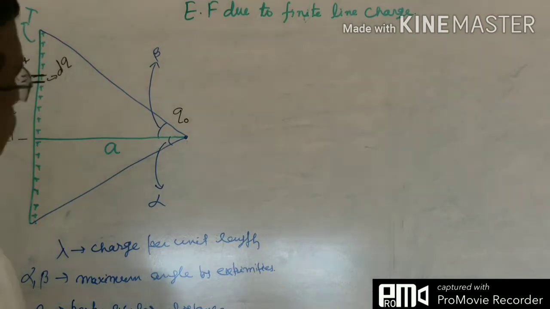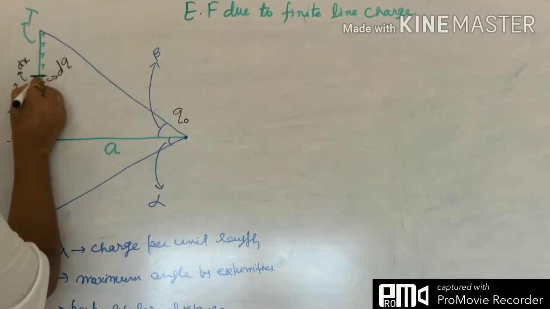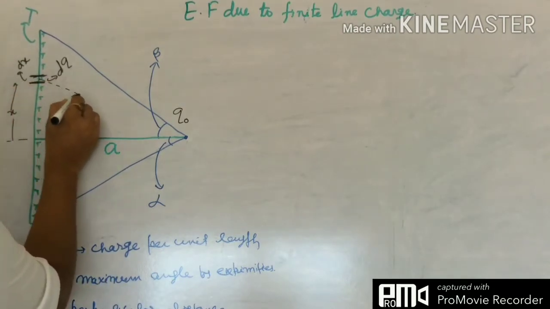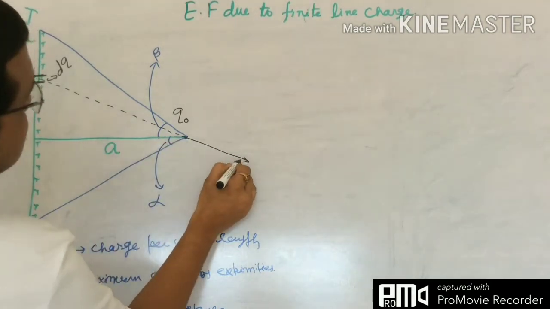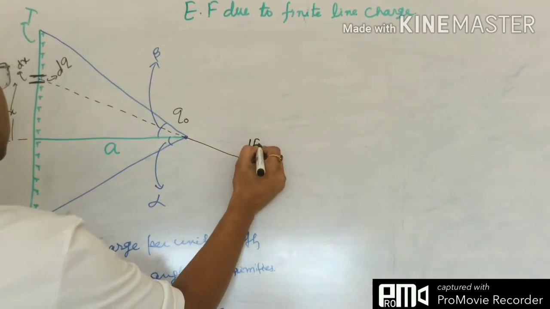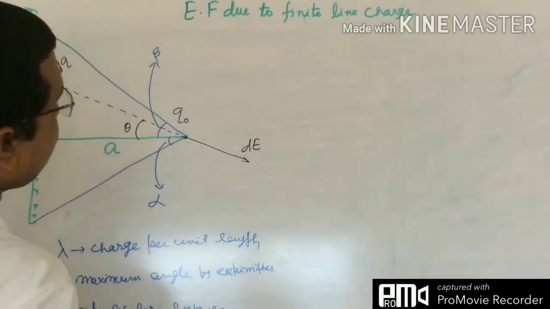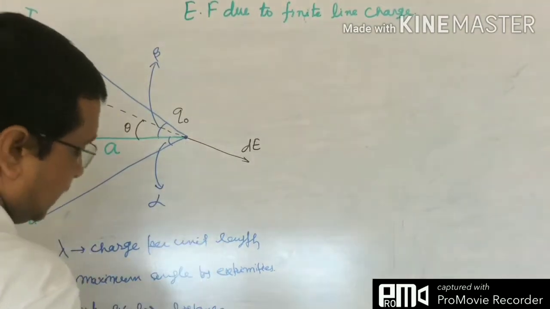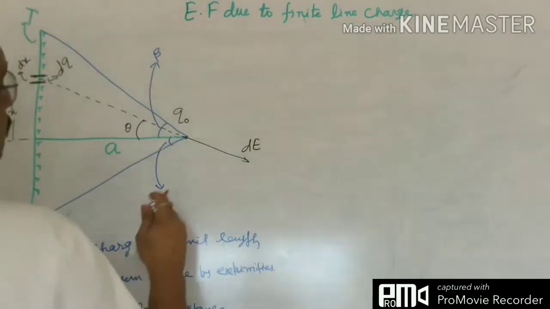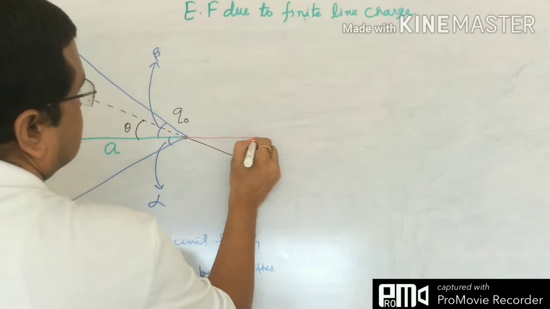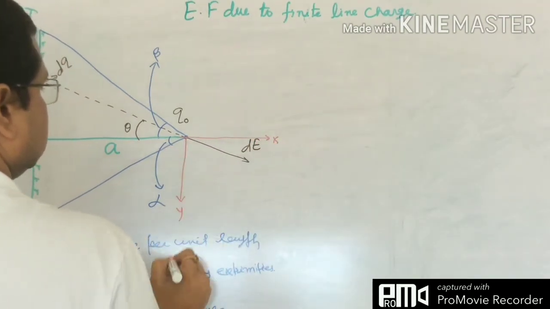Now see what will happen. Suppose this will apply a force on this Q0 in this direction, and that will denote the value of dE, and suppose it makes an angle theta. So definitely we have two axes here, one is x and another is y.